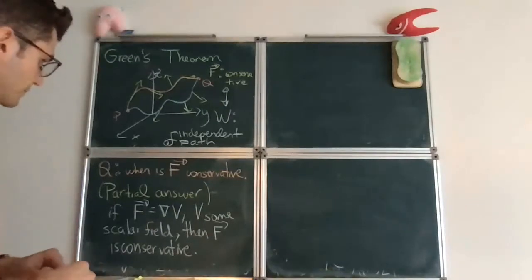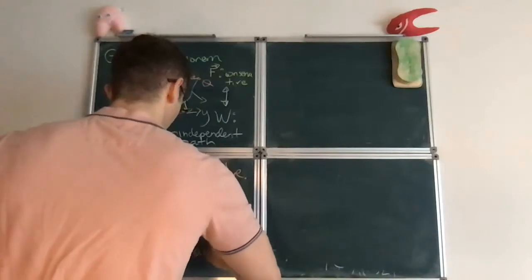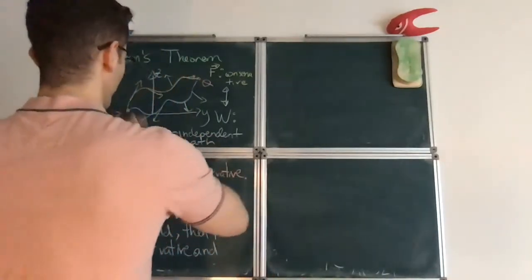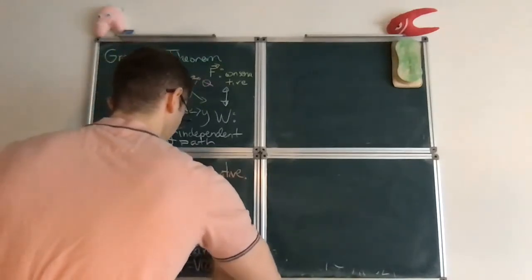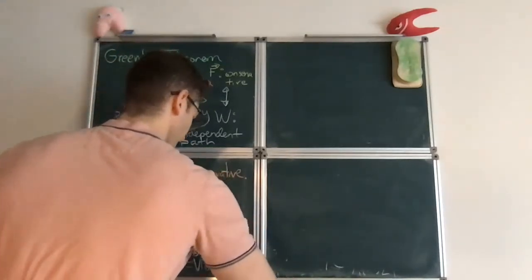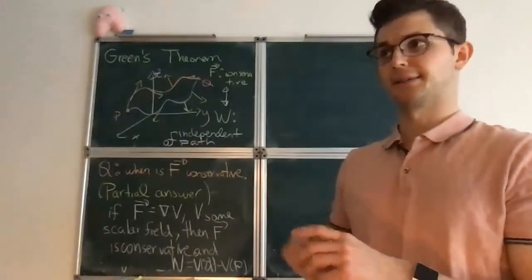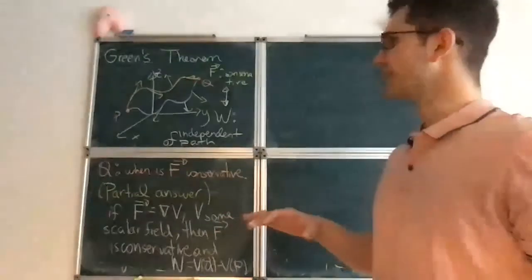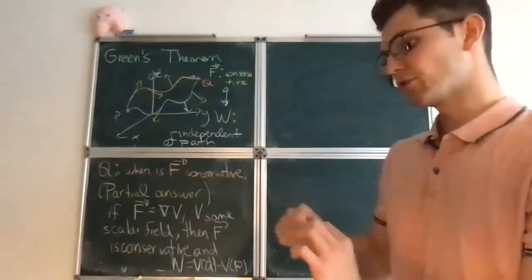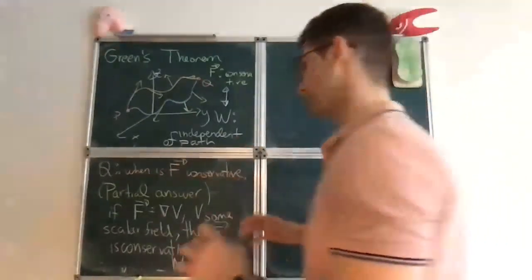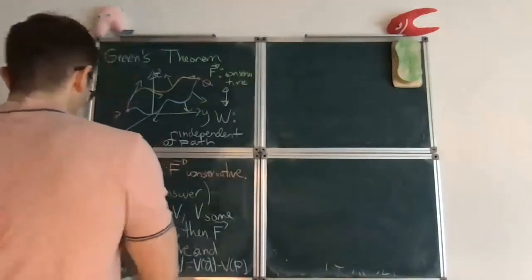And we knew that in this case the work was just the difference in the potential between Q and P. And so what I want to discuss today is another partial answer, which actually ends up being equivalent to being conservative, but Green's theorem will give us a way to quantify the failure of this condition to happen. Okay, so this is the first partial answer, right?